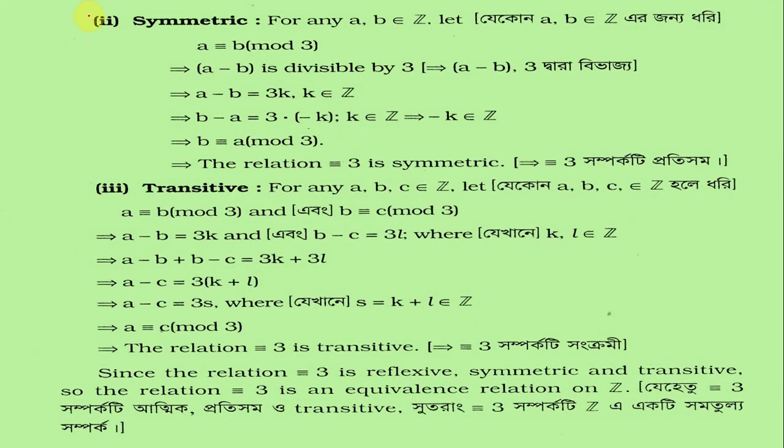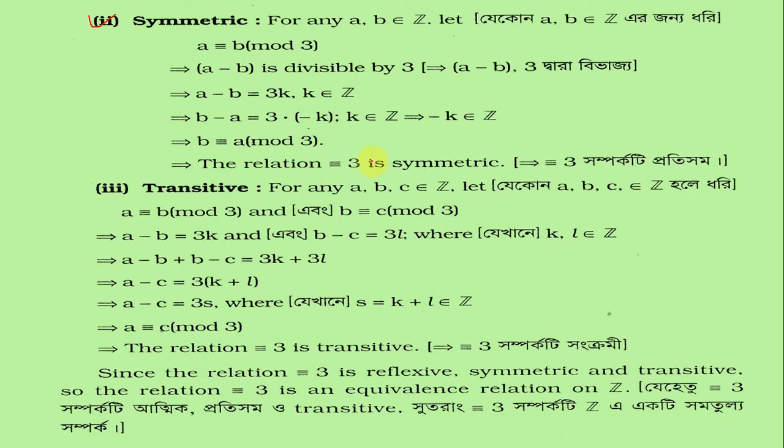Now we will check whether the relation is symmetric. For any a, b belongs to Z, let a be congruent to b modulo 3, which implies a minus b is divisible by 3, which implies a minus b is equal to 3k, which implies b minus a is equal to 3 times minus k, since k belongs to Z, which implies b is congruent to a modulo 3.